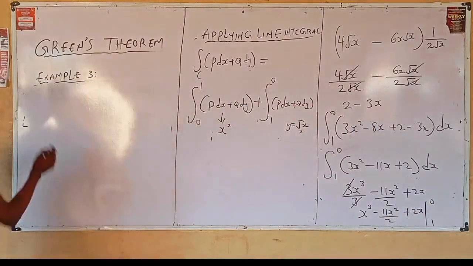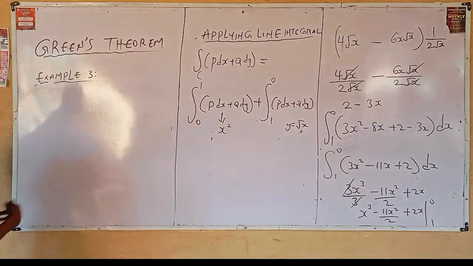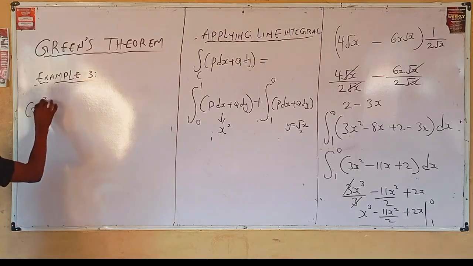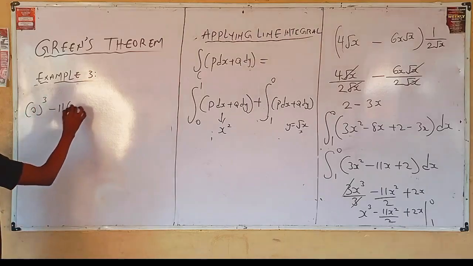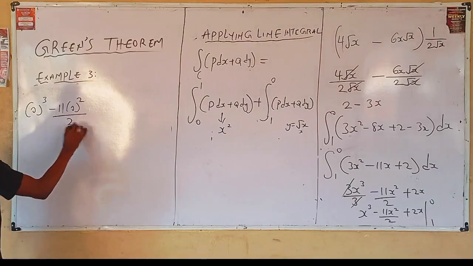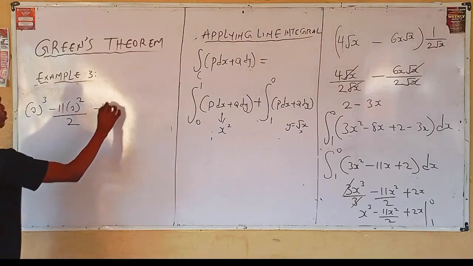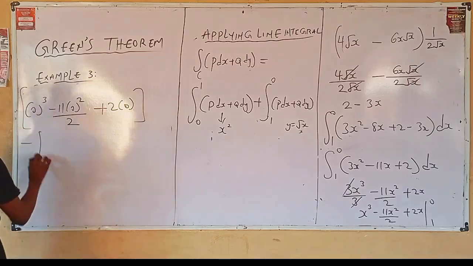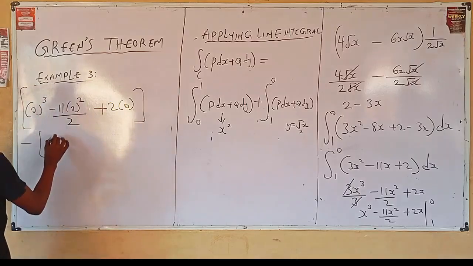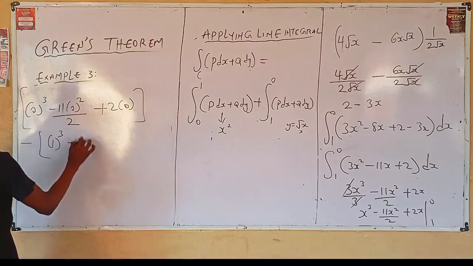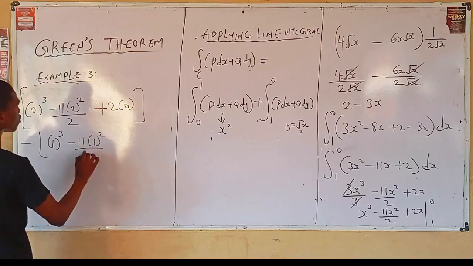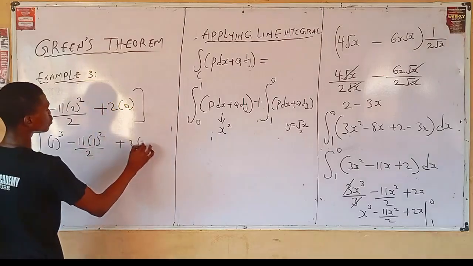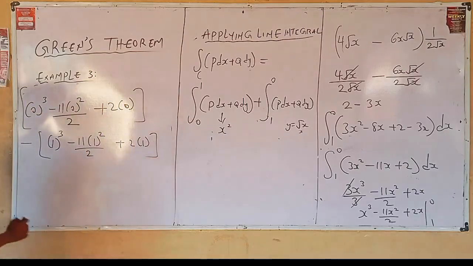By the time we substitute the upper limit, we have 0 cubed minus 11 divided by 2 plus 2 all into bracket 0, right? Minus the second one, 1 cubed minus 11 times 1 squared over 2 plus 2 all into bracket 1.